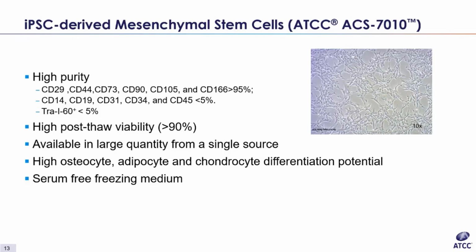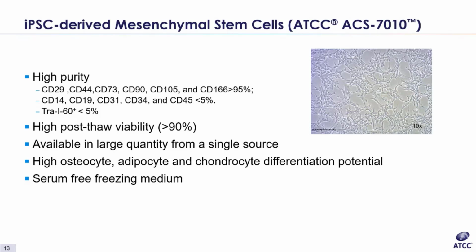These cells are derived from ATCC's bone marrow iPSCs. They show high purity, as 95% or greater of the cells are positive for a number of markers such as CD29, CD44, CD73, CD90, CD105, and CD166. These are checked by flow cytometry.